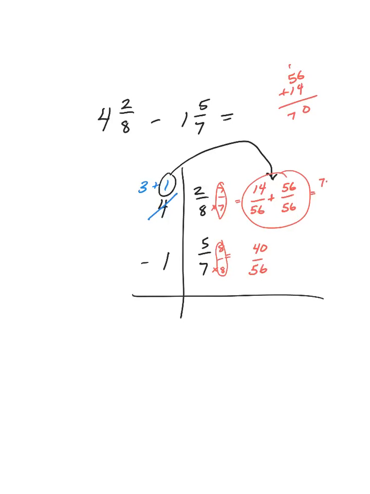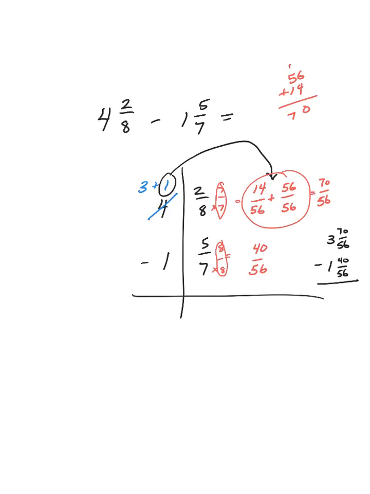So I now have 70/56. And I can rewrite my problem or just go ahead and subtract it as I have it written. My new problem, which is the same as my old problem except written in a way that will allow me to subtract without getting negative numbers, is 3 and 70/56 minus 1 and 40/56.